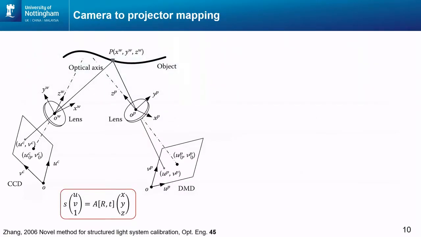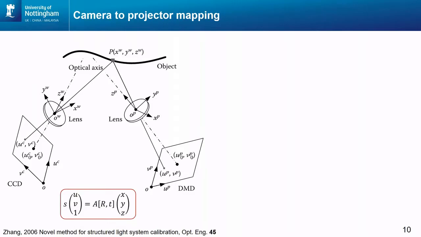Characterization is the first and foremost important step in the fringe projection technique. It is basically to characterize all the cameras and projectors. But when it comes to a multi-view system, it's a challenge because all the cameras and projectors need to be in a global frame of reference. A camera is basically modeled as a pinhole model.